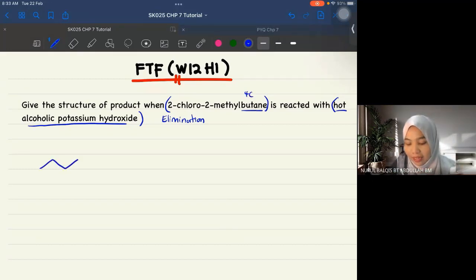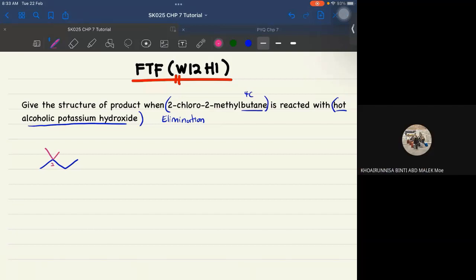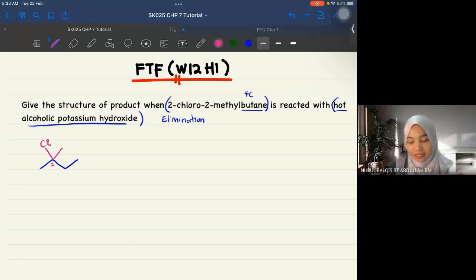Okay. And then at carbon number 2, let's say we start from the left, we have 2 substituents. Can I know who are their substituents? Methyl, yes. Chlorine. Yeah, thank you. Chloro and methyl.